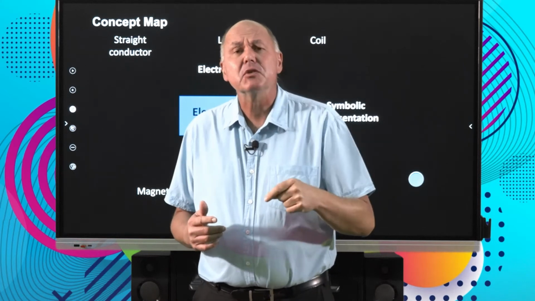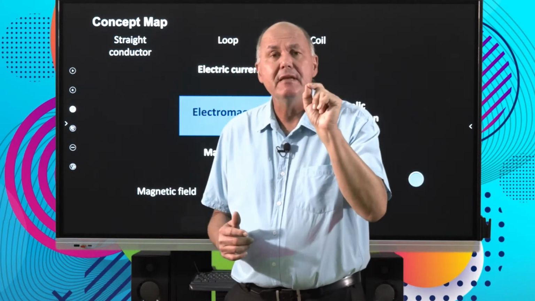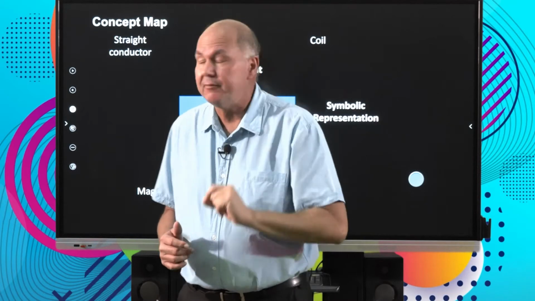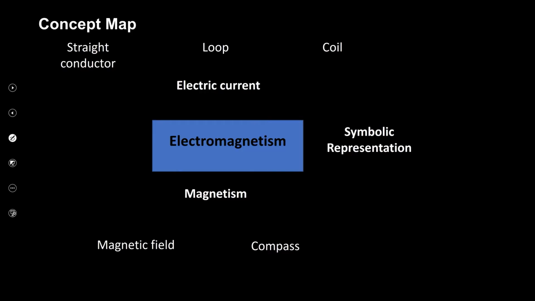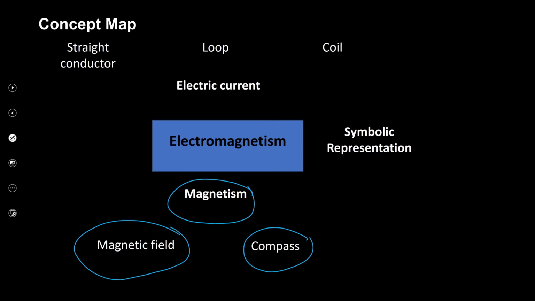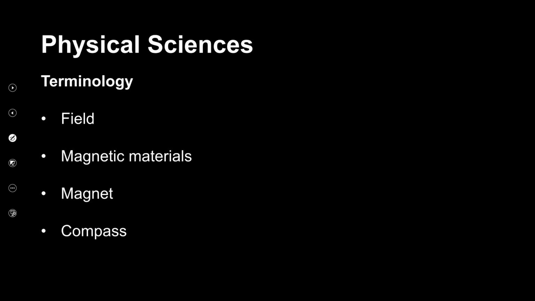But let's explore a little bit more about what I mean by the word magnetic field. So that's where we're talking about. We're talking about magnetism, and we're going to talk about the magnetic field and what a compass is, and we've got some key words to look at. So the first thing we're going to mention is the idea of a field.